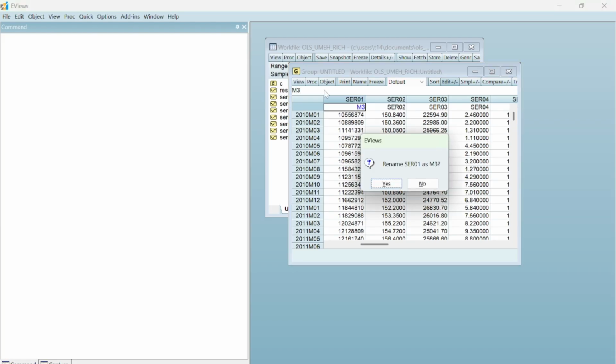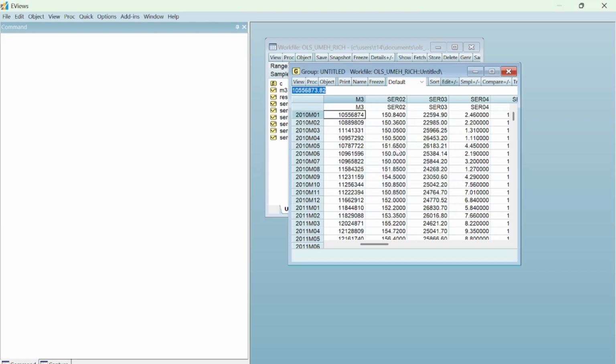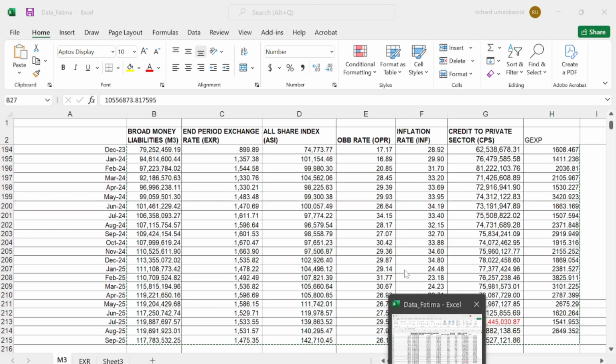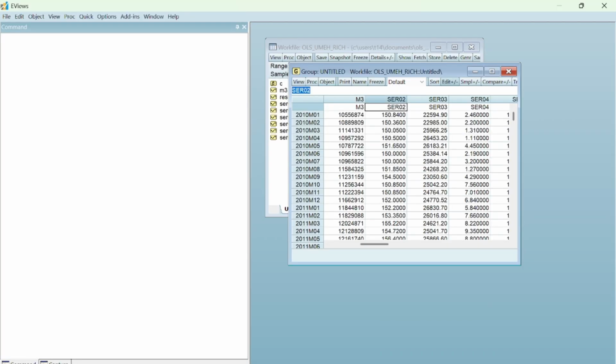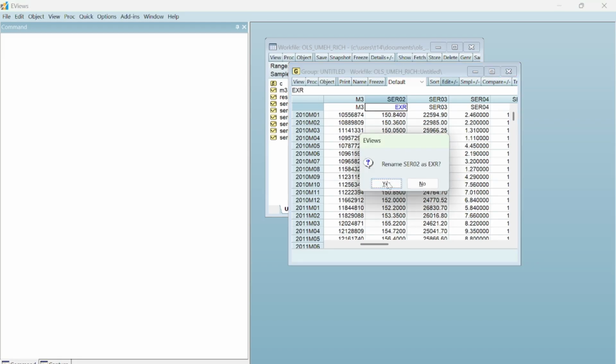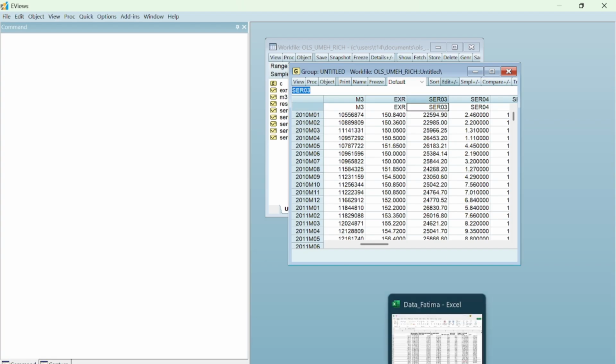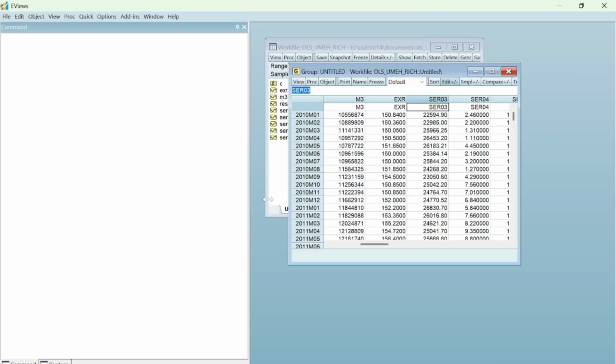M3, that's our first variable. The second one is exchange rate, EXR. We change it. The third one as well, we say this is the all share index.